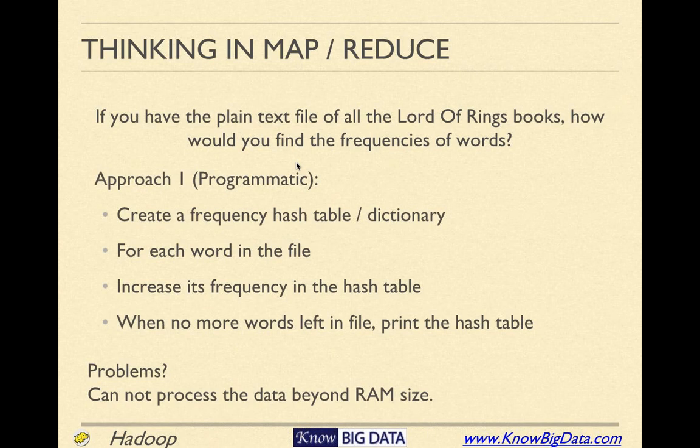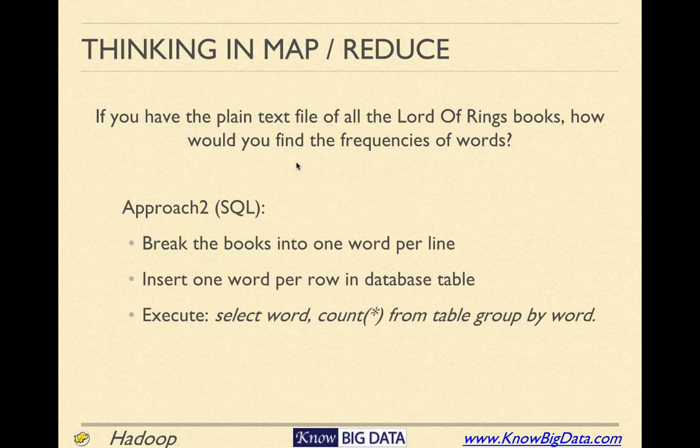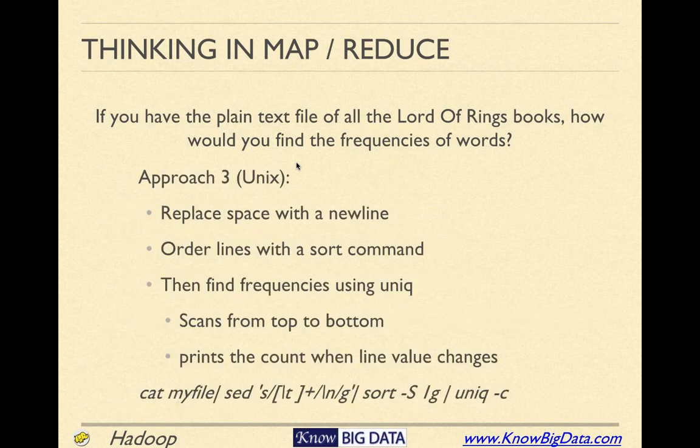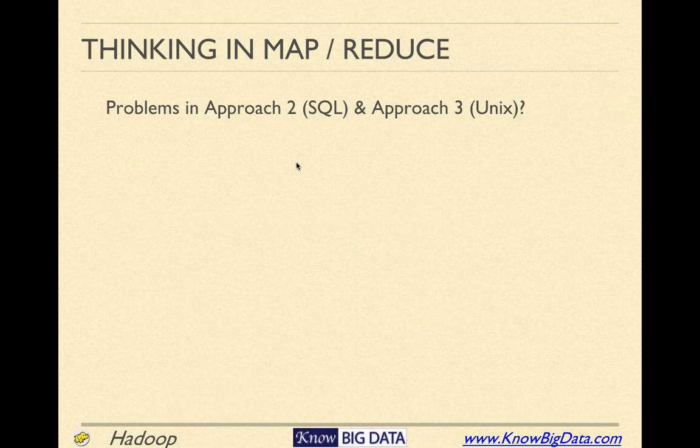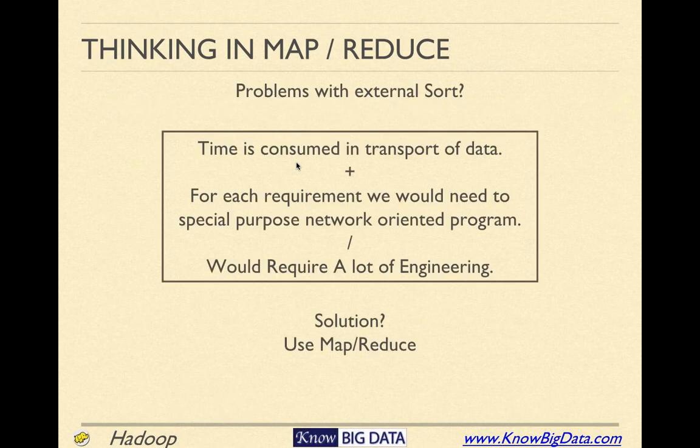So we first tried to do it in a normal programmatic way. Then we used SQL, then Unix with a sort command, which tries to do things in the disk rather than in the memory. And then we compared all these approaches. Afterwards we came up with another approach, the fourth one, where we were using multiple machines.